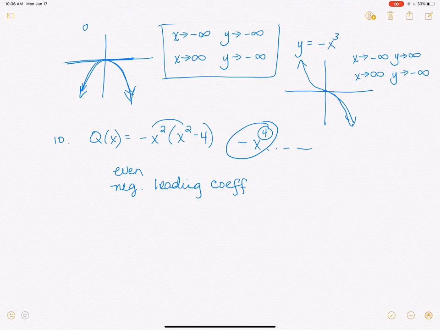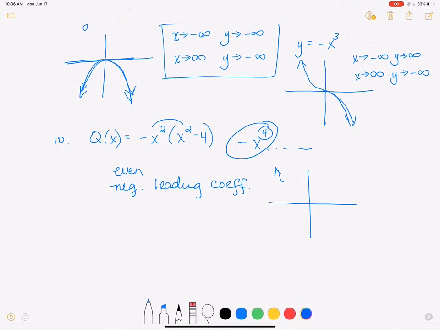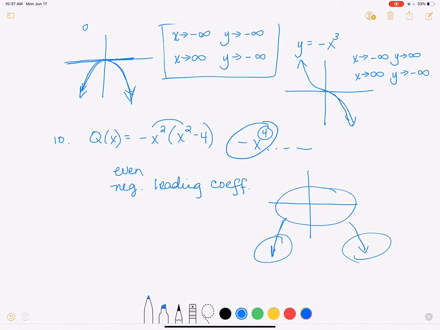So what does that mean? Well, if I just visualize this graph, the end behavior is going to be opening down. And you don't really care what's going on in here. All you're worried about, if I ask for the end behavior, is what's going on at the ends of that graph.